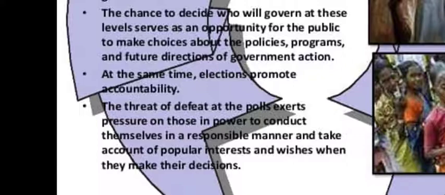The threat of defeat at the polls exerts pressure on the party in power to conduct themselves in a responsible manner and take account of popular interest and wishes when they make their decisions. Means every decision, every step should be in favor of the public and for the country.